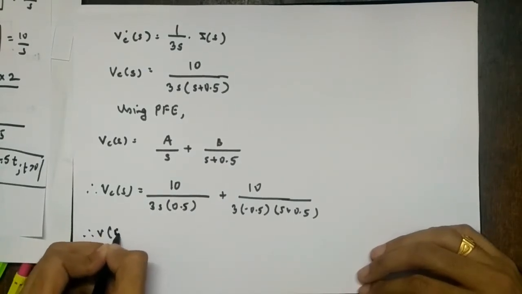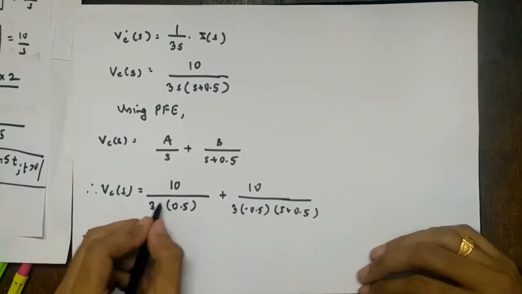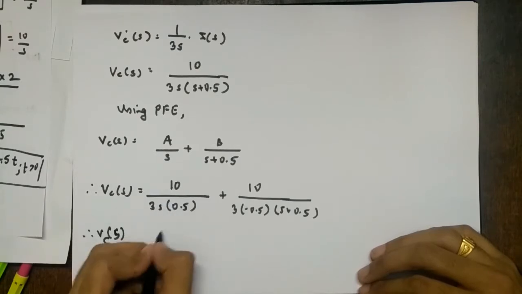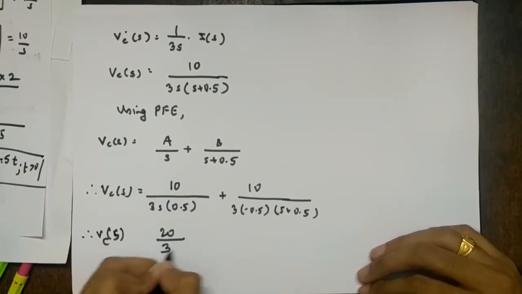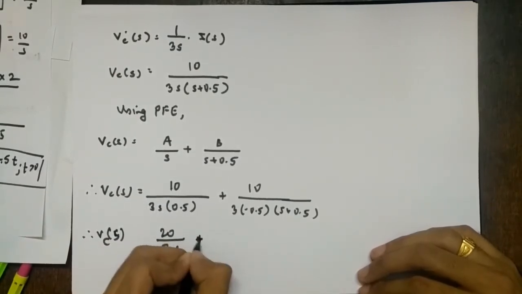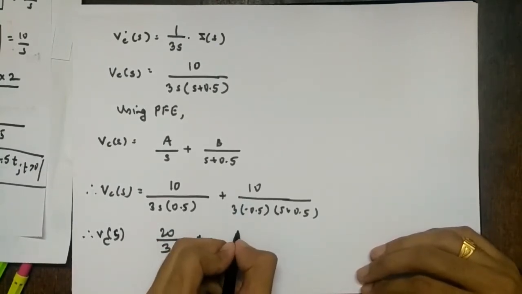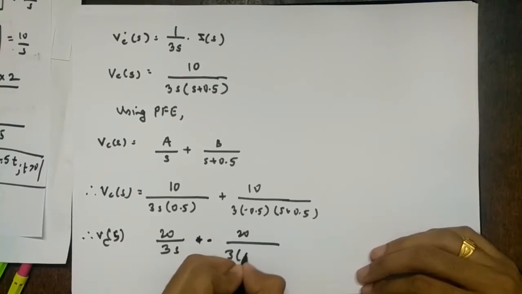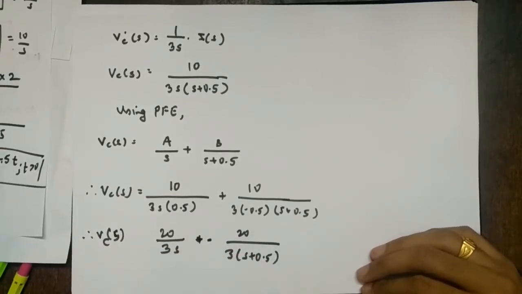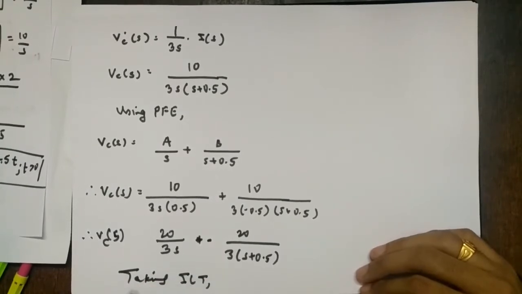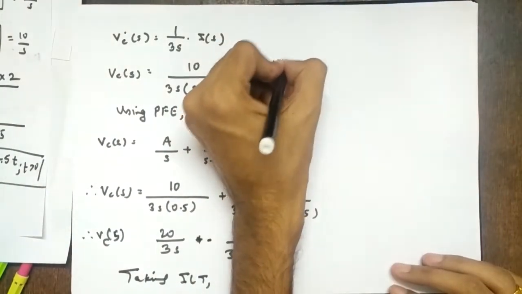What will you get? Therefore, VC of s is, 0.5 is half, so 20 by 3. So 20 upon 3s plus, this will become minus, so again 20 by 3. So minus 20 by 3 times s plus 0.5. So taking inverse Laplace transform, what will this be?